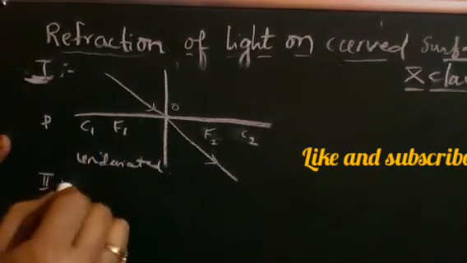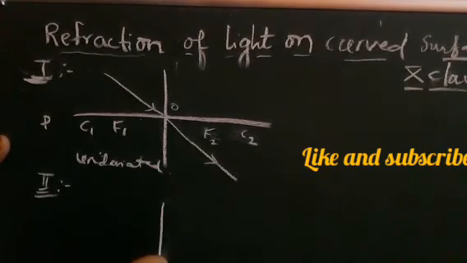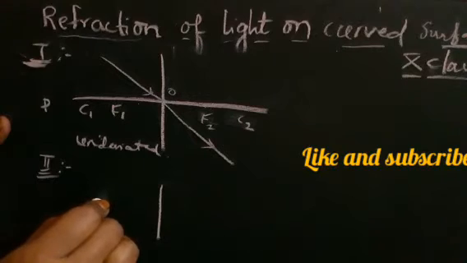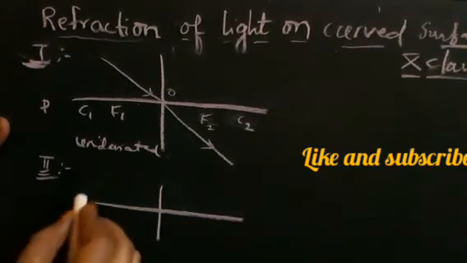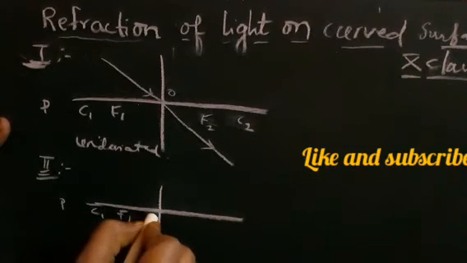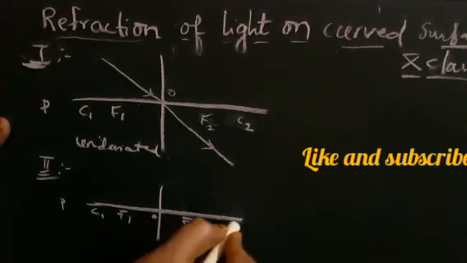Similarly, in the second situation also, this is your lens, this is your principal axis, right? This is C1, F1, O, F2, C2.